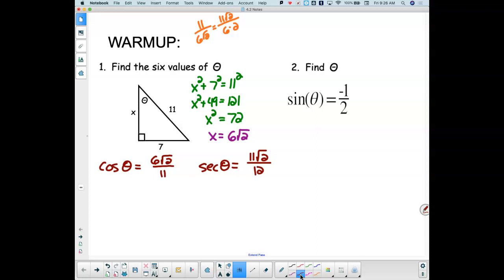Yes? Okay. Sine is 7 over 11. Cosecant is 11 over 7. Tangent is going to be opposite over adjacent, so that's 7 over 6 square roots of 2. So that's going to be 7 square roots of 2 over 12.